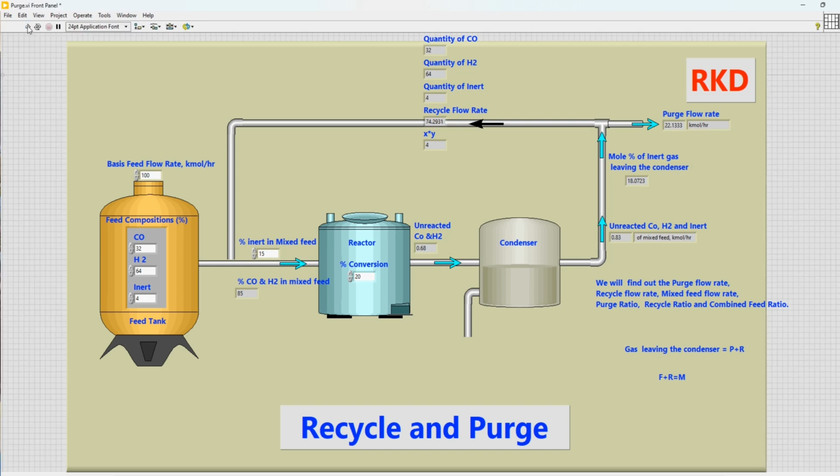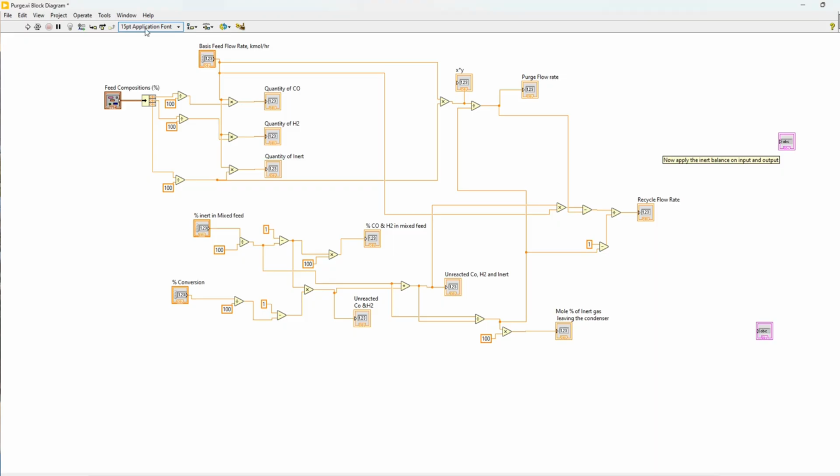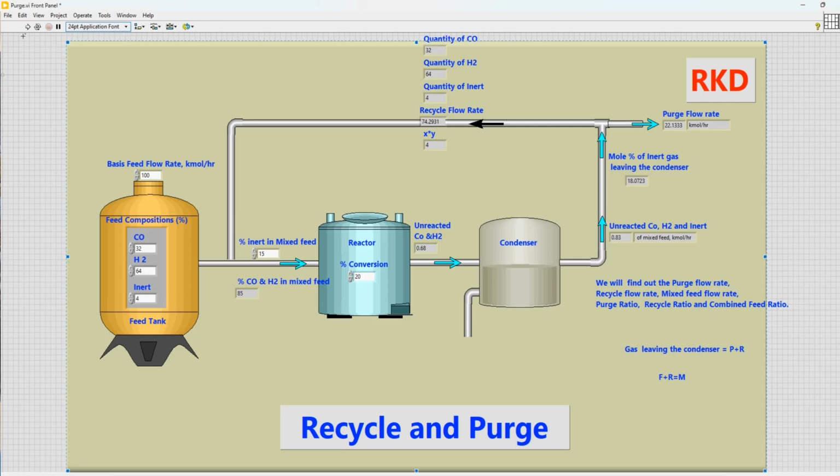Let me check. Okay, once again, this is also a mistake here, because we have to connect with this one actually. Okay, now I'll check.